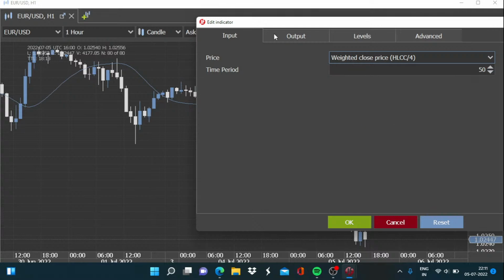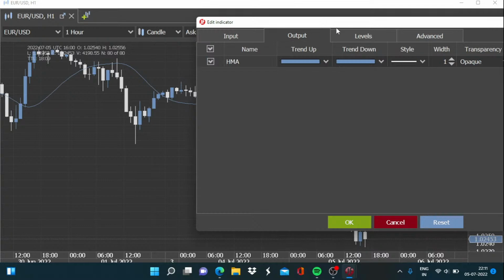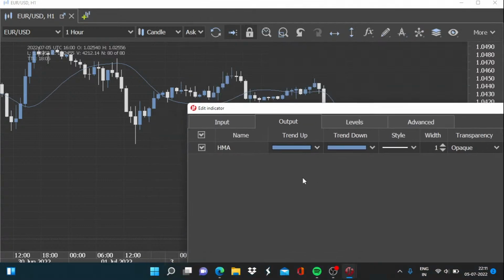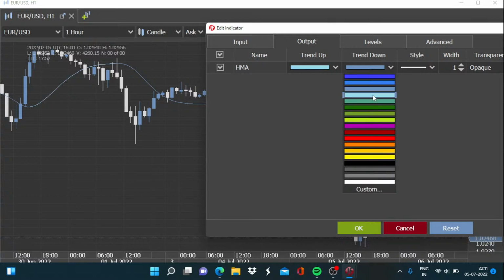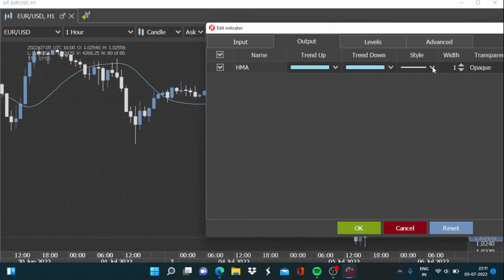Coming to the output, we can change the color combination. We can try out various colors provided to us on this platform. We can change the design of this indicator. So for that, we can try out various colors here. Let's make it a bit lighter. And if we want to change the style, say, with the increased width.